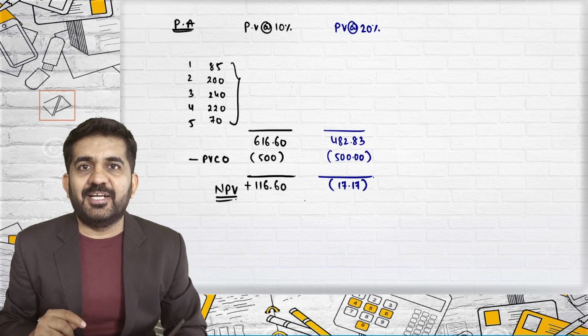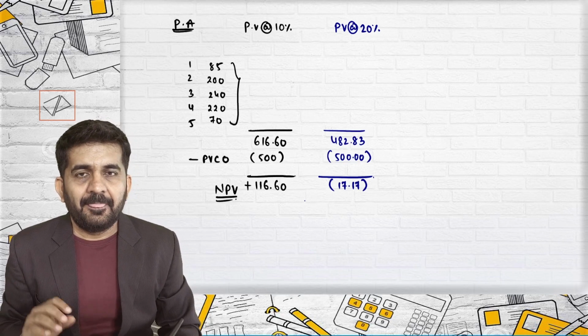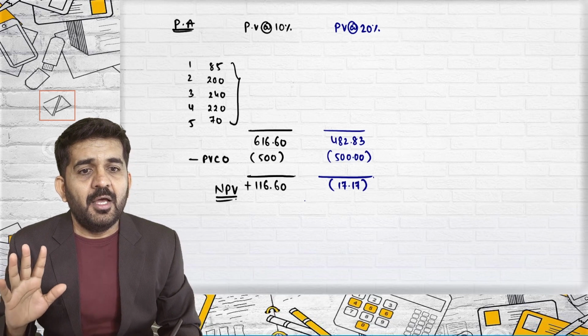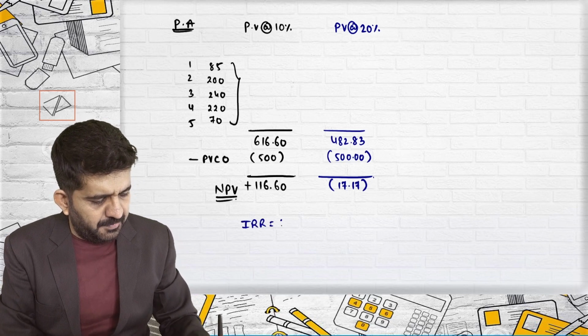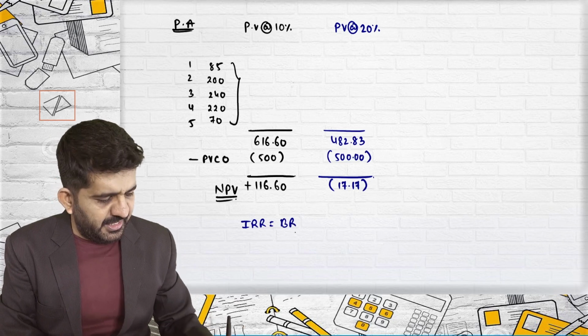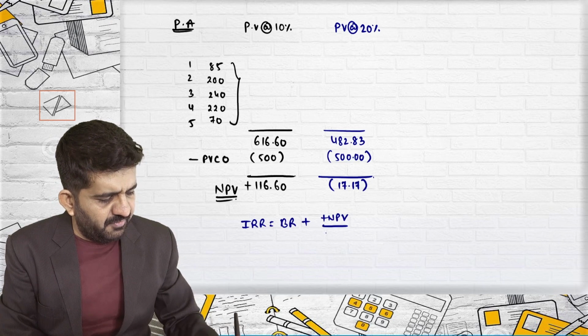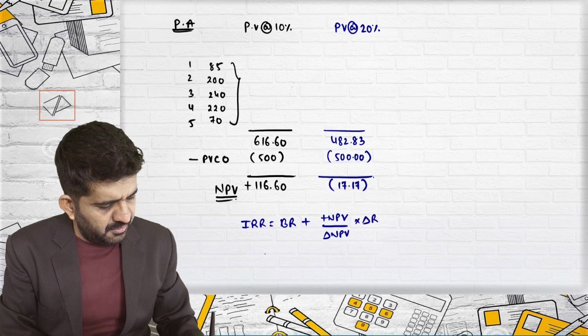Now I know that my IRR is between 10% and 20%. I will use that interpolation formula and find out IRR of this project. What will be IRR of this project? It is base rate, which I'll be taking as 10%, plus positive NPV divided by difference in NPV multiplied by difference in rate.